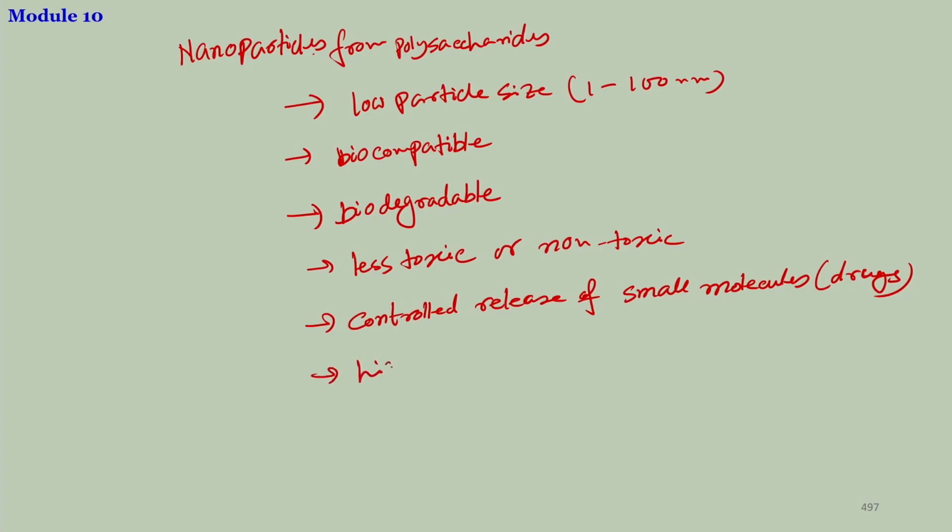They have high encapsulation efficiency, which means that because of their large macromolecular structure, they can encapsulate, they can trap a large quantity of the small molecules, which can be drugs.